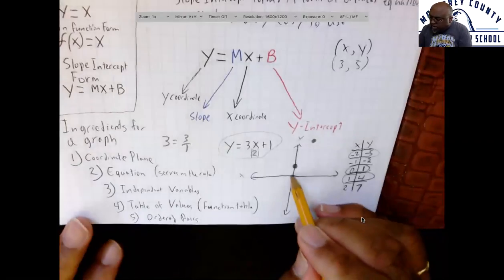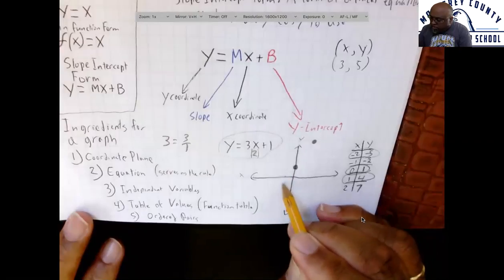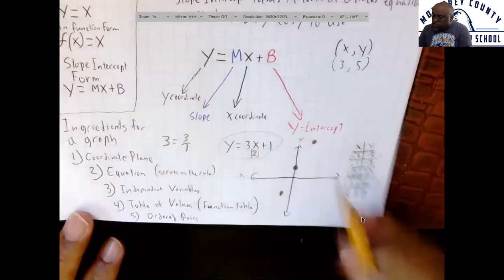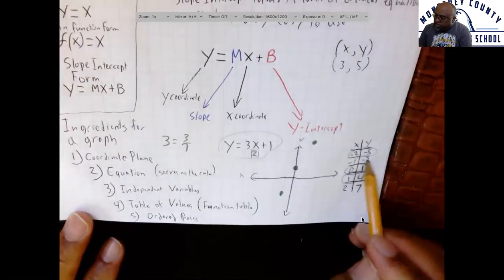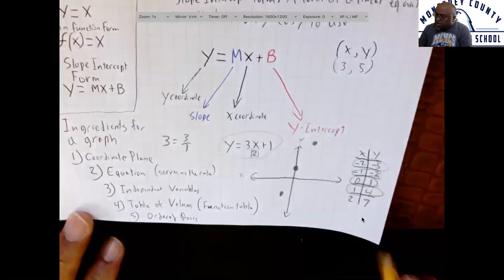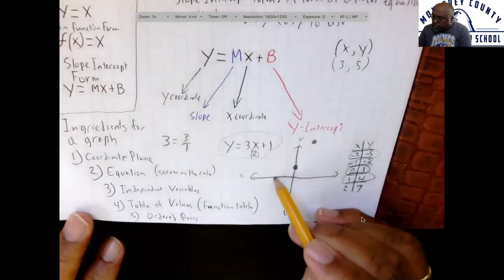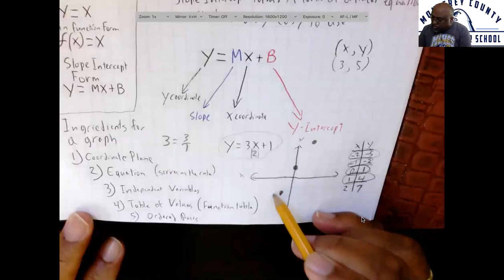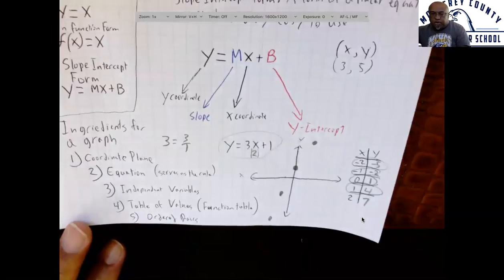Let's try that. -1, so go 1 to the left. -2, go 2 down. Look, it's on the same line. Okay, and then -2, -5. So go 2 over, 1, 2, and 5 down, 1, 2, 3, 4, 5. Yep, it's also on the same line.